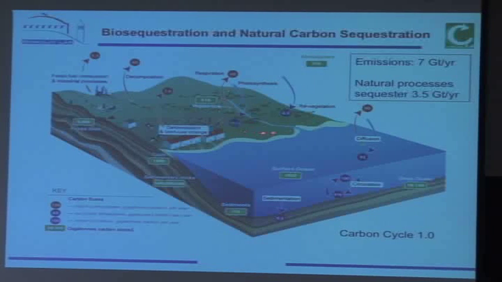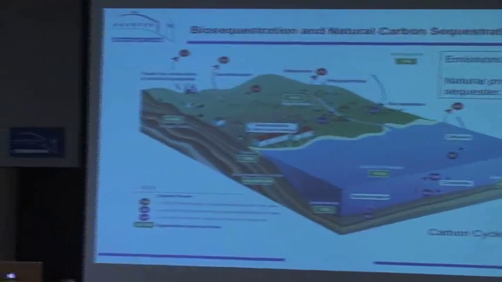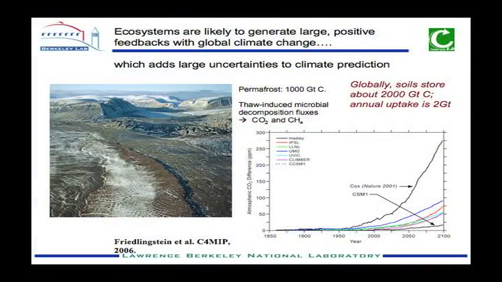And what we don't want to do is slow this carbon uptake down, because we were talking about what we need to do to address the overall anthropogenic problem. What we want to do in the future is to be able to sequester something on the order of 3 gigatons of carbon per year. The Earth is doing that already, and we don't want the Earth to do that any slower.